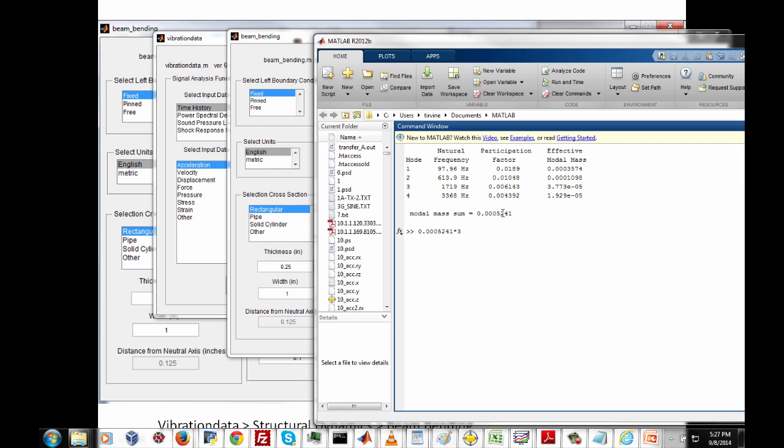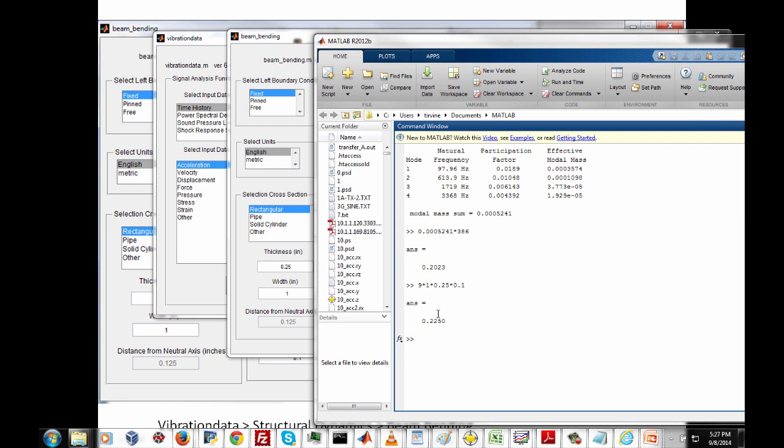So if I multiply by 386, the equivalent modal mass in pounds mass, LBM, is about 0.2. That's by including 4 modes. Well, what is the actual mass of the beam? We've got 9 inches long by 1 inch wide by 1/4 inch thick by 0.1 pounds mass per inch cubed.